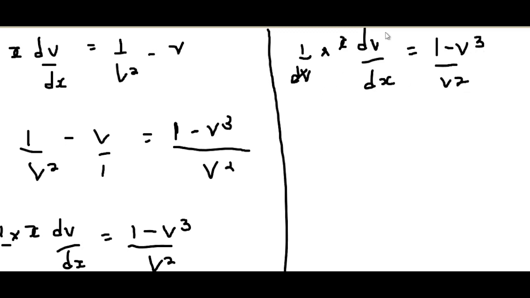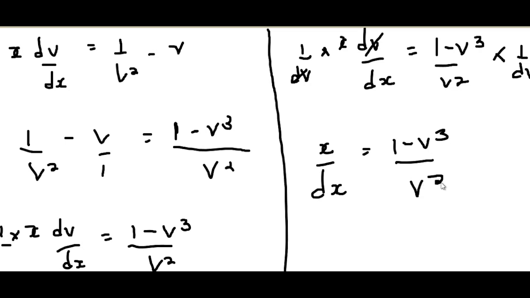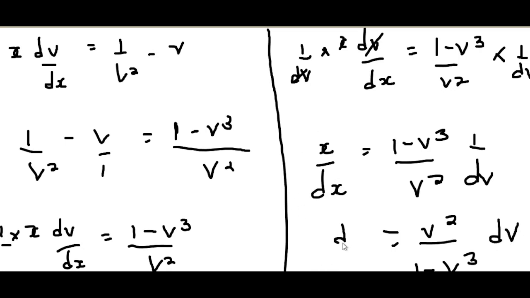This dv and this dv cancel, so we also multiply the other side by 1 over dv. So we are left with x over dx equals 1 minus v cubed over v squared, 1 over dv. So we can write v squared over 1 minus v cubed dv, and here it can be dx over x.